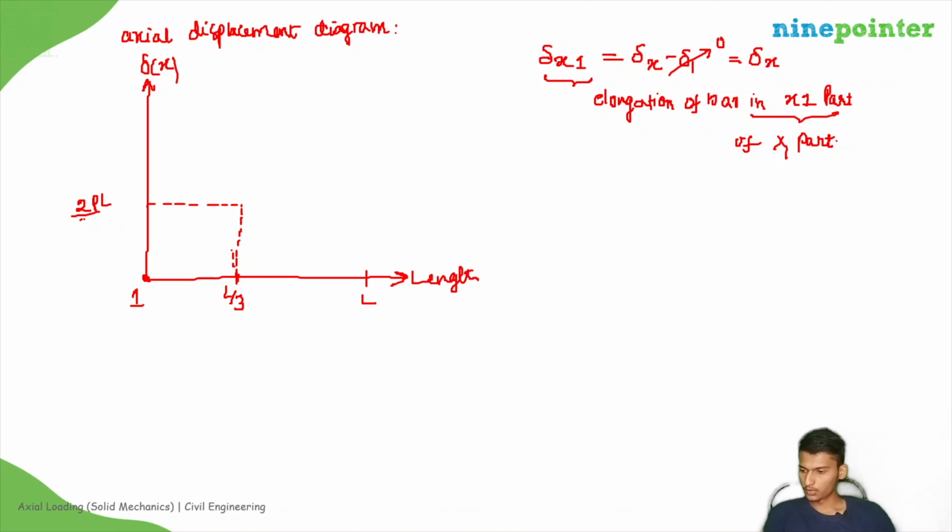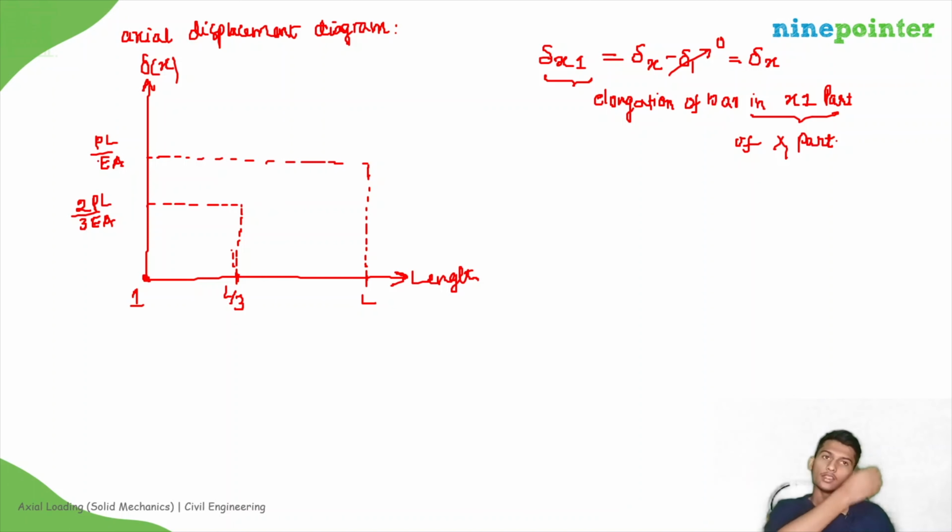And we already solved at point 3, that is PL by EA, because that is the condition of question C, right? So at point 3 the displacement should be PL by EA. So we have 2 points.